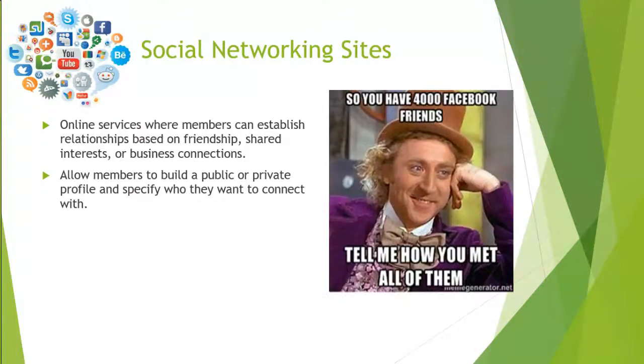All of these sites allow members to build a public or private profile, and the point is that they can specify who they want to connect with and who they do not want to connect with. So you can accept friends, you can reject friends, you can block friends, you can invite friends to join. It's all about connecting with others, but the user gets to specify who they connect with.